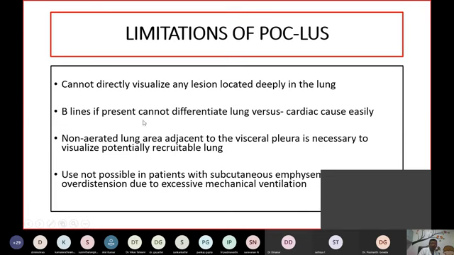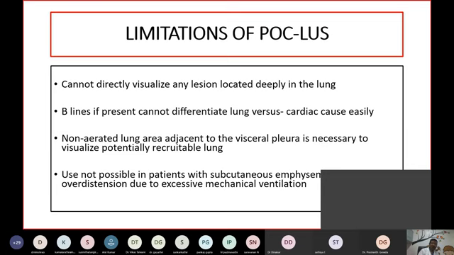Second, even if you see a B profile or interstitial syndrome, you cannot easily differentiate between cardiac and non-cardiac causes. Again, as we saw in the last slide, to see whether the lung is recruitable or not with ultrasound, we need to have a non-irritated area adjacent to the visceral pleura. I mean, you need to have some subpleural collapse. Only then can you find out whether this lung is recruitable or not.